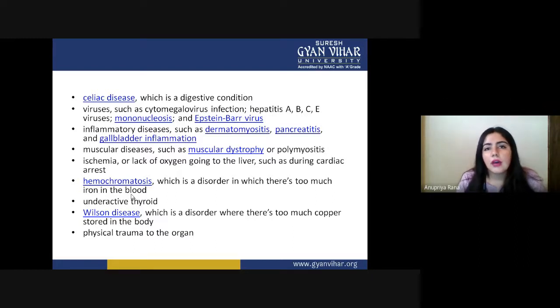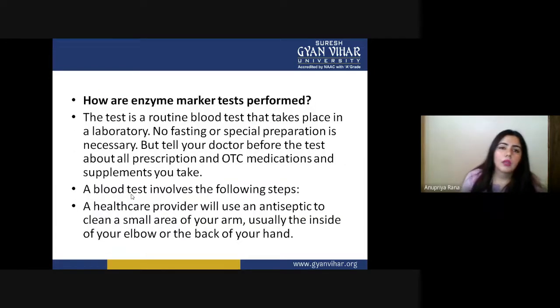So there are a lot of things which can change the enzyme activity, or the enzyme level inside the liver, and this will cause several problems inside the body. So how is the enzyme marker test performed?